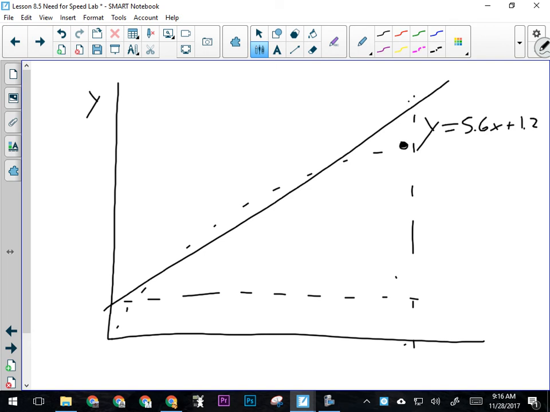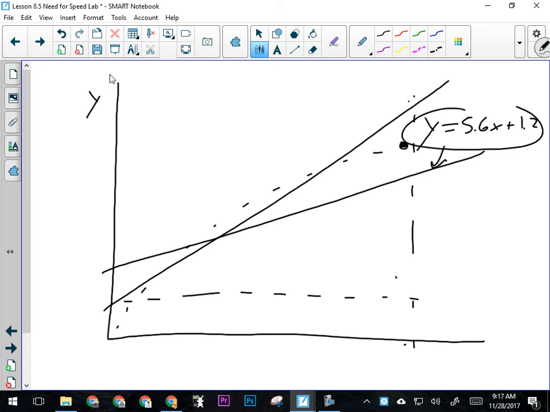So as a result, when the computer draws the best fit line, in fact, it may draw it flatter like this. It may draw the best fit line like that, which means the point for 45 meters per second is above the line. I can't use it to calculate anything about the average, right? This equation is for this line, not this point.